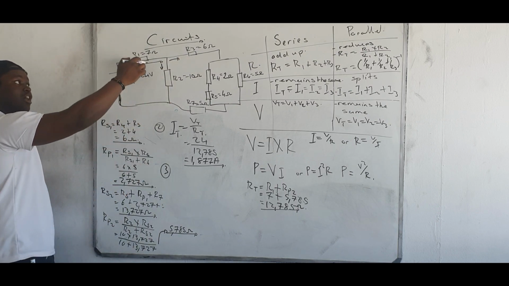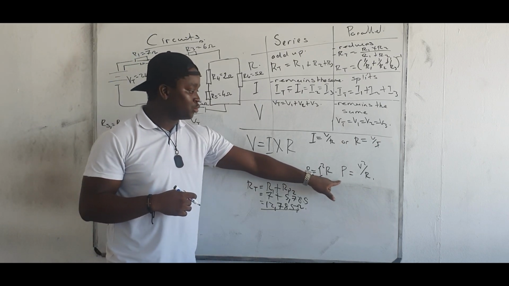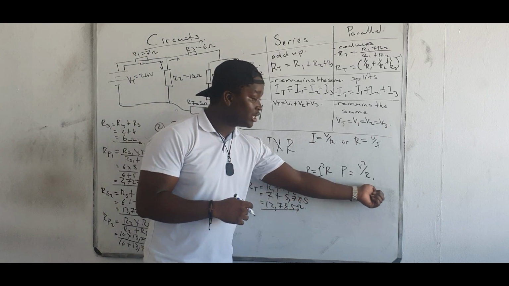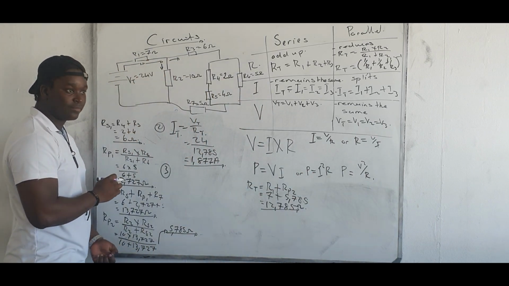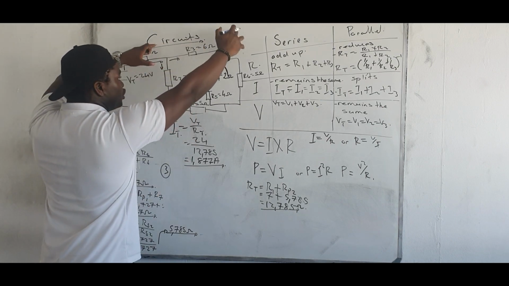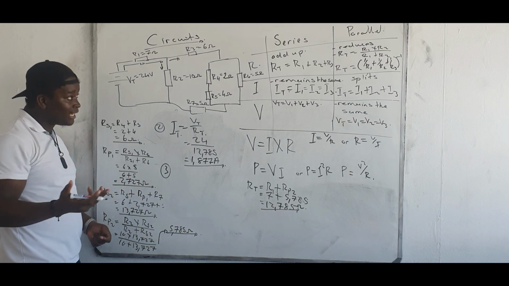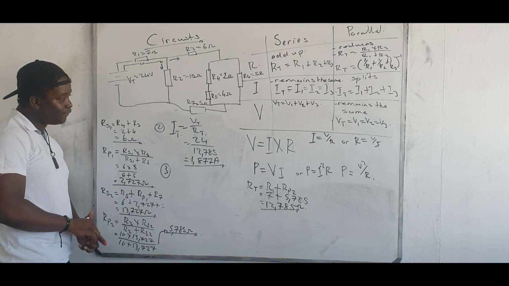So if they ask you to calculate the power by R1, I would prefer that we use this formula. I'll mark you wrong if you use the other formulas, because the voltage here is not 24. The voltage is going to be less than 24, because some of the voltage is used by this whole part. But you can calculate the voltage at this part if you want to.